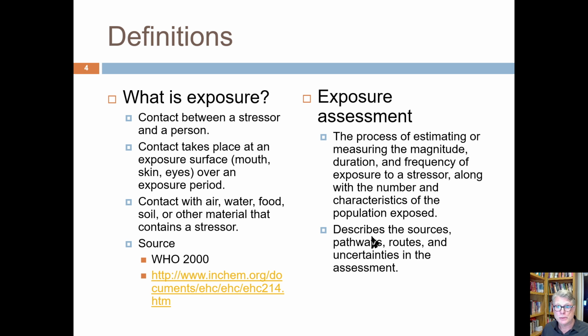Exposure assessment also describes the sources, pathways, and routes of travel that a contaminant takes, and any uncertainties in the assessment.